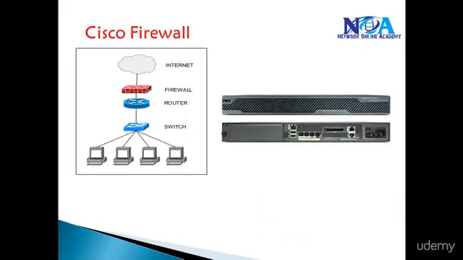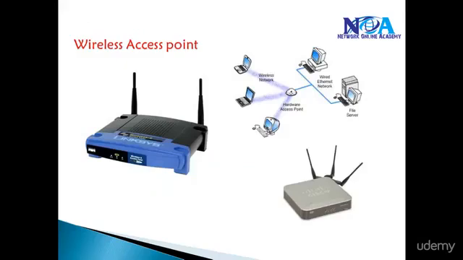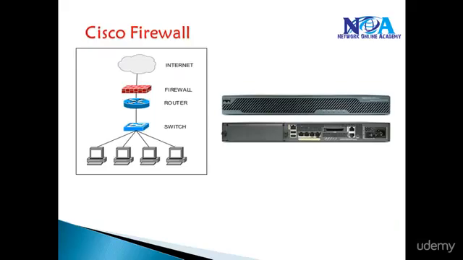So we got some different devices. A switch is a device which provides a centralized location where you can connect all the computers in the LAN. Then we got the access point, which provides connectivity in the LAN without a wire. Then the routers are the devices used to build up a WAN connection, and there is a firewall which provides security when it connects to the internet.